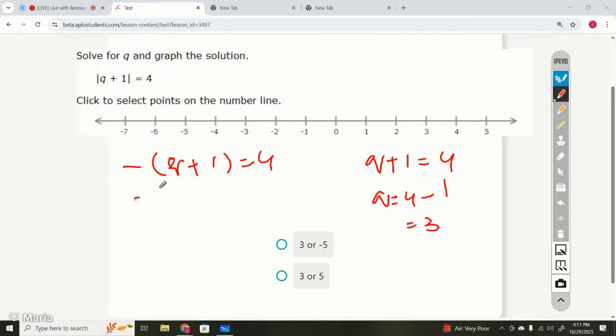That is 3. Negative q minus 1 equals 4. Negative q equals 4 plus 1. q equals negative 5.